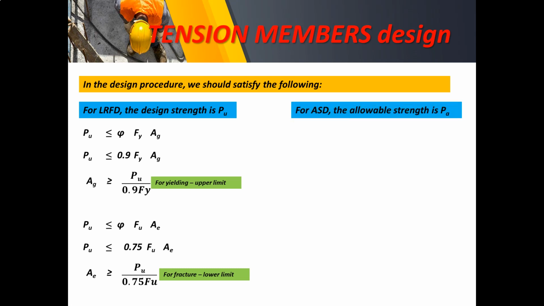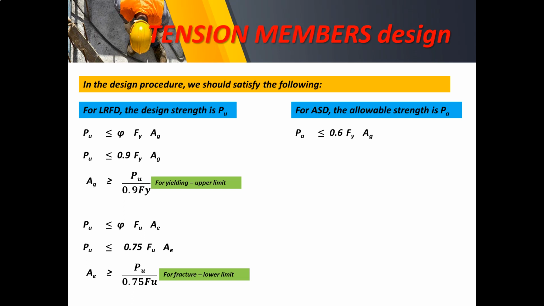For ASD, the allowable strength is given by Pa, or the allowable load. The concept is that the allowable load should always be less than or equal to the allowable capacity of the tensile member. Likewise, as in LRFD, we also have the upper limit, yielding, wherein Fy is always paired with Ag.